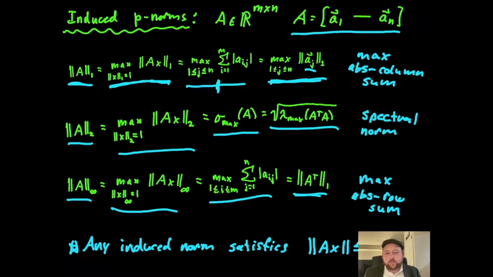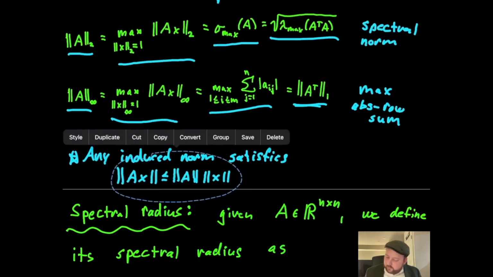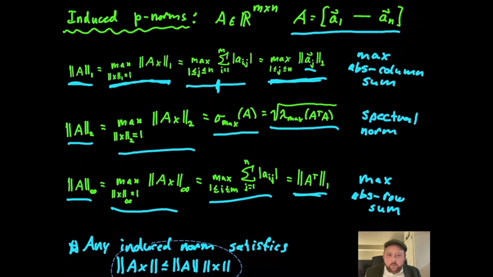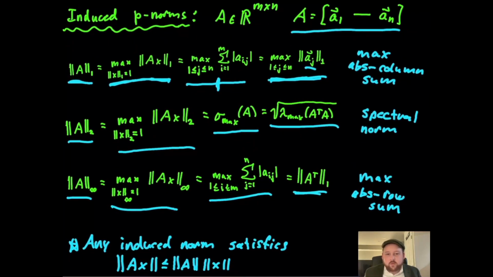I'm sorry, I just realized you can't see that. Let me move this here. So any induced norm satisfies this inequality: the vector norm of Ax has to be less than or equal to the induced matrix norm of A times the vector norm of x, and this has to be true for all x.